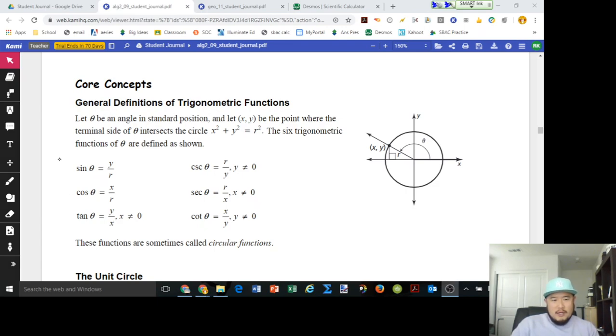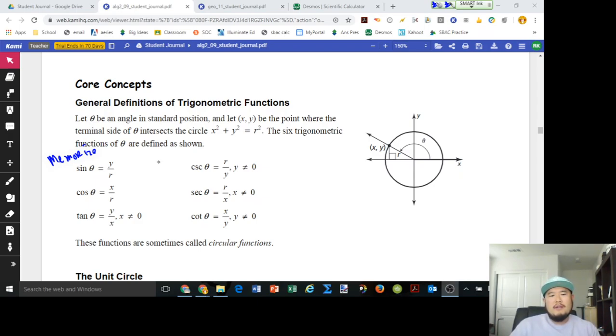First, make sure you memorize all of these. Memorize these three, and that should help you remember the inverses of each. The inverse of sine is cosecant, the inverse of cosine is secant, the inverse of tangent is cotangent.